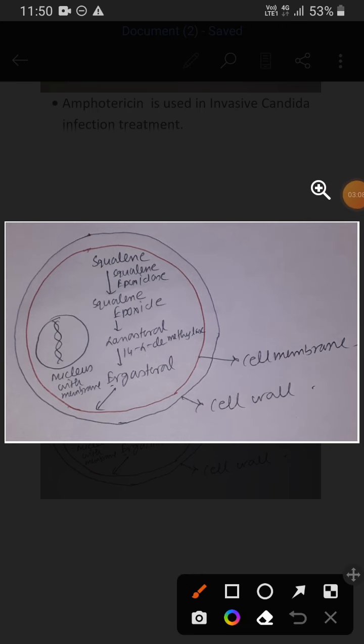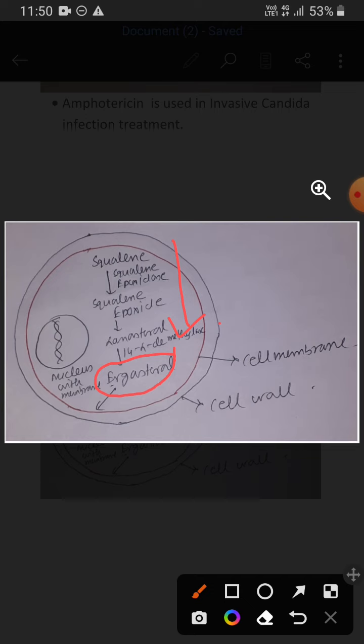Remember that the fungal cell membrane is made up of ergosterol. Ergosterol is the building block of the cell membrane; for us, the equivalent is cholesterol. This biochemical pathway is the pathway for synthesis of ergosterol, which in turn builds the cell membrane.